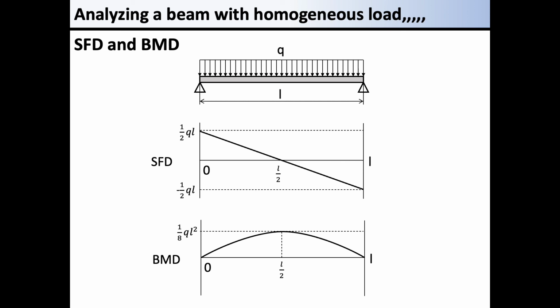We are not going into detail here, but the SFD is derived by differentiating the BMD by x. If the BMD is quadratic, the SFD is the derivative of the quadratic function, a linear function. You may notice that the SFD is the derivative of the BMD. You can check if SFD and BMD are consistent with each other by differentiating the BMD.